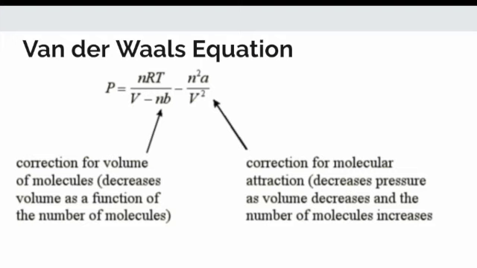Now, the variable a accounts for the attraction between molecules. We said with KMT that ideal gases don't have an attraction to one another. These molecules in these gases are not supposed to have attraction to each other, and that's what makes them ideal gases. But with real gases, there actually is an attraction, and you do need to account for that.